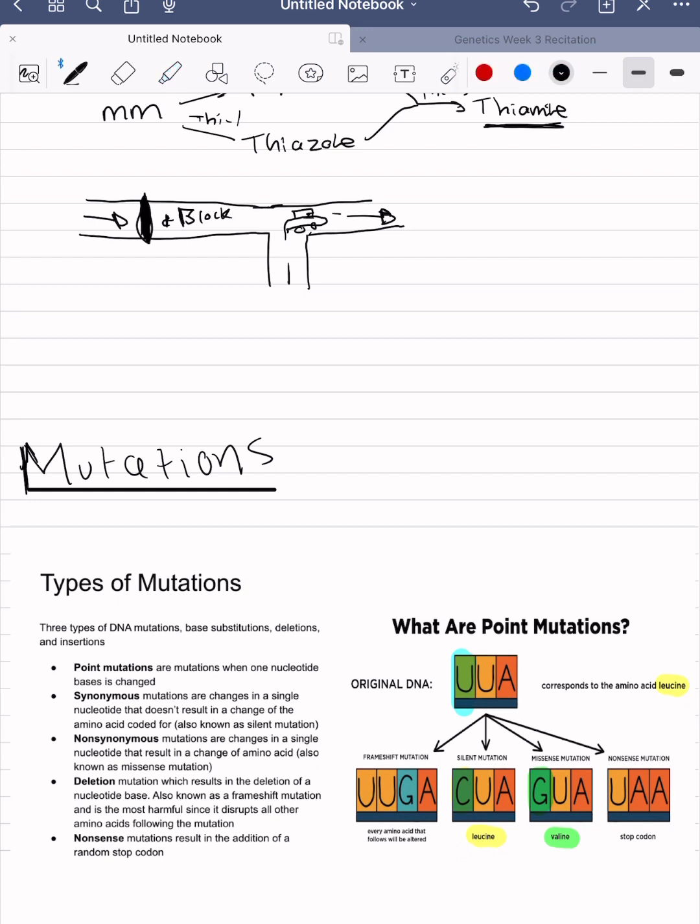So if we were to have, for example, UAA AGC as a nucleotide sequence, or this would be RNA since it has a U. But if we were to have this sequence, and this U right here was deleted.